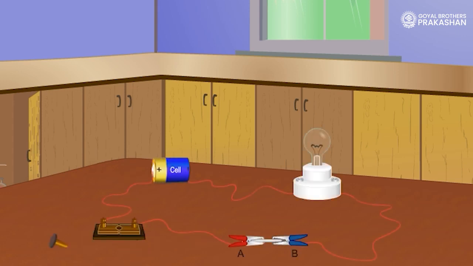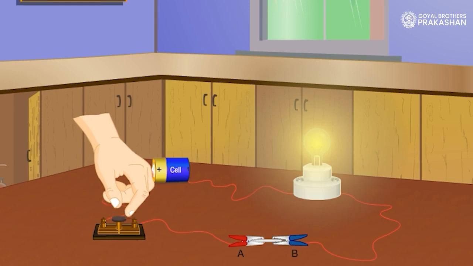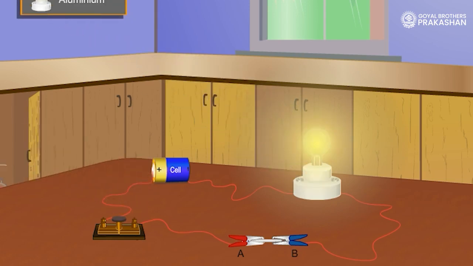Set up the electric circuit. Insert each of the metals in between the clamps A and B and switch on the circuit.